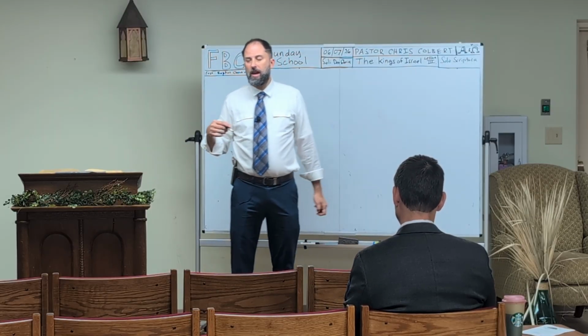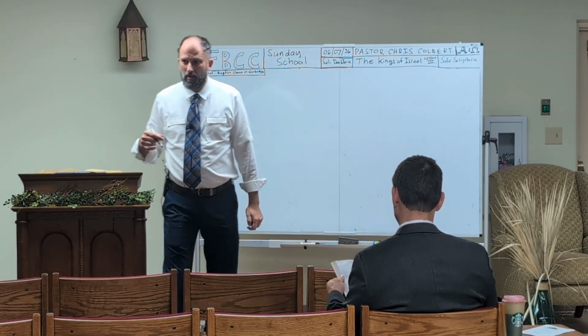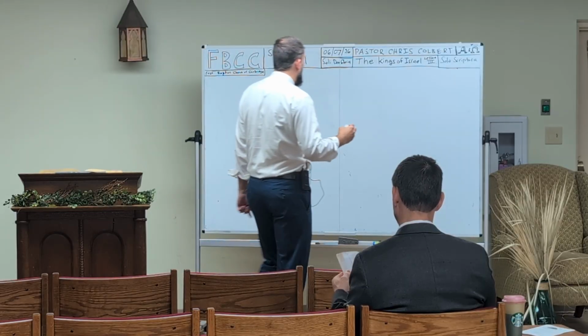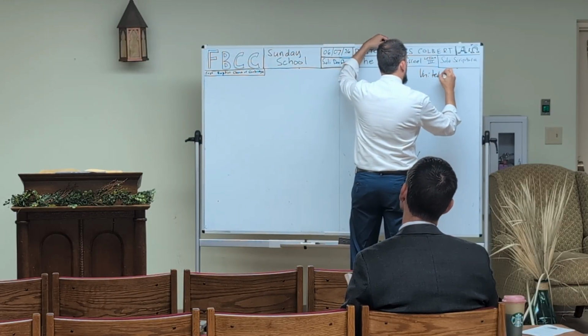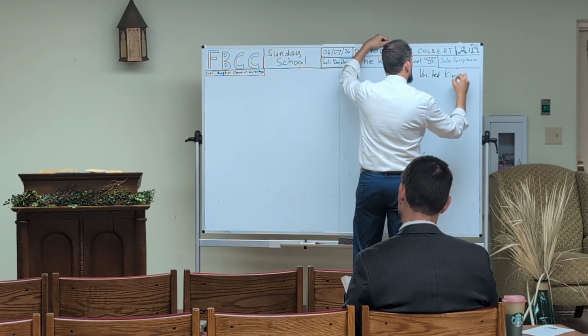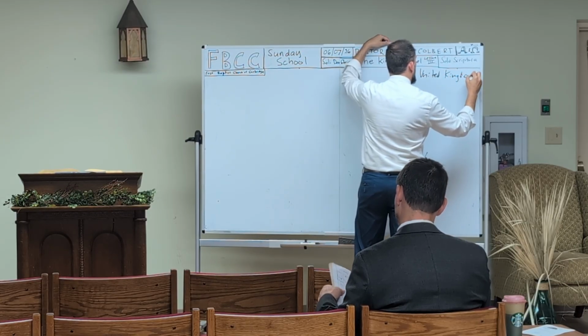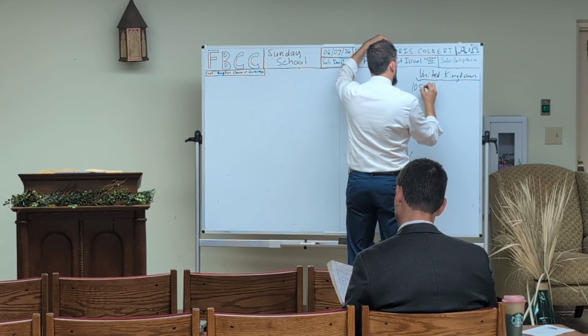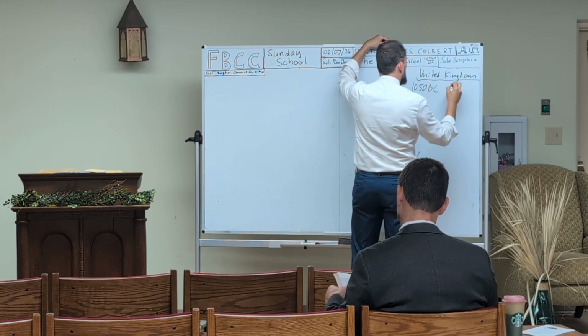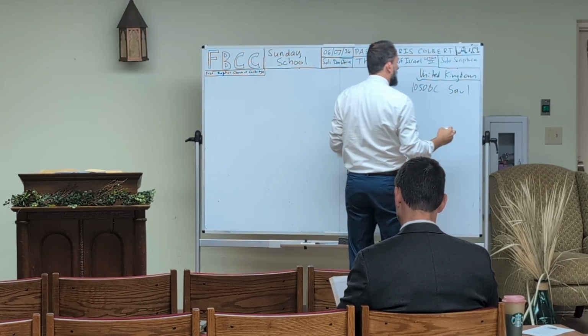Who was the first king when they were united under one king? Right, what year was that? 1050, right, BC. So you have Saul, and then who are the next two kings?